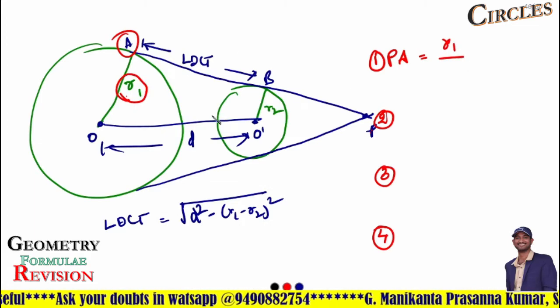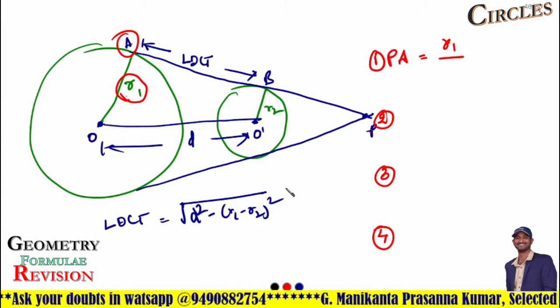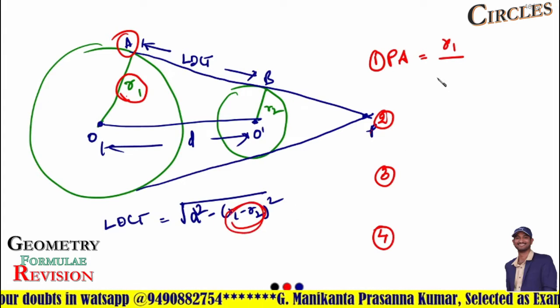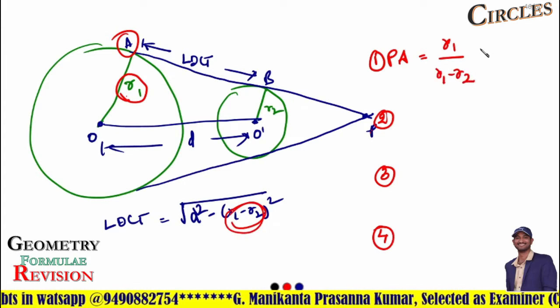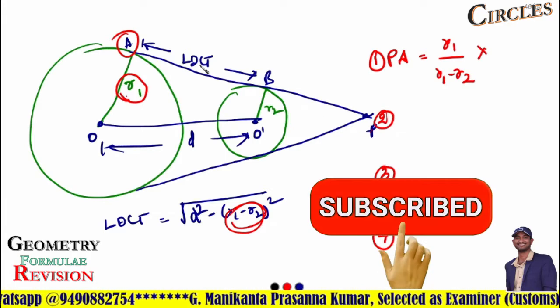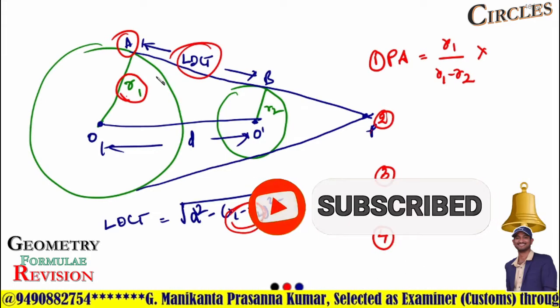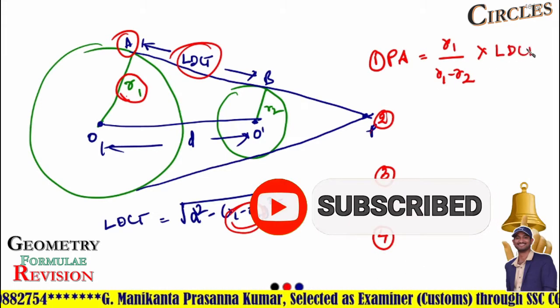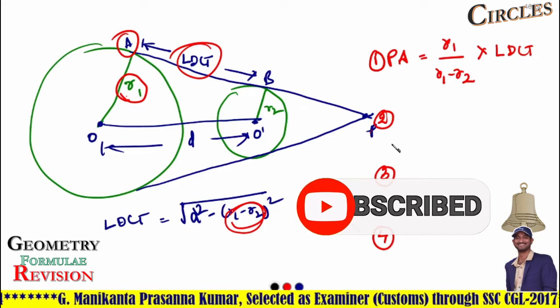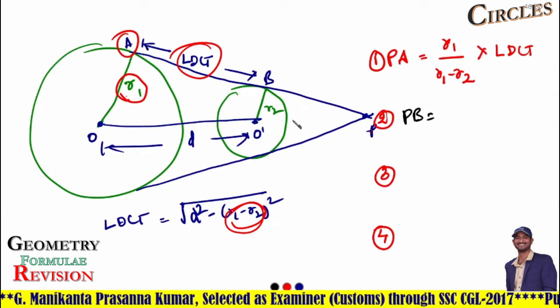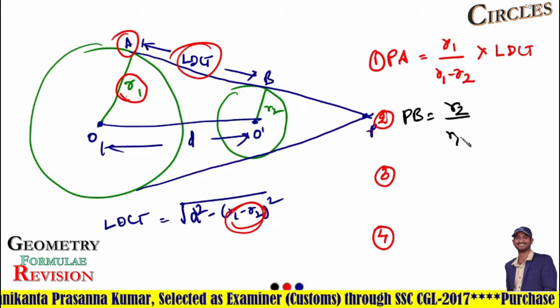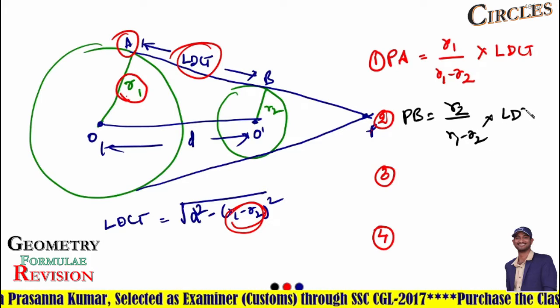Since we are discussing direct common tangent formulas, you have to take the difference of the radii. So R1 by R1 minus R2 into LDCT, since PA is the extended part of AB. Similarly, can you tell me the value of PB? For the second circle it is R2 by R1 minus R2 into LDCT.